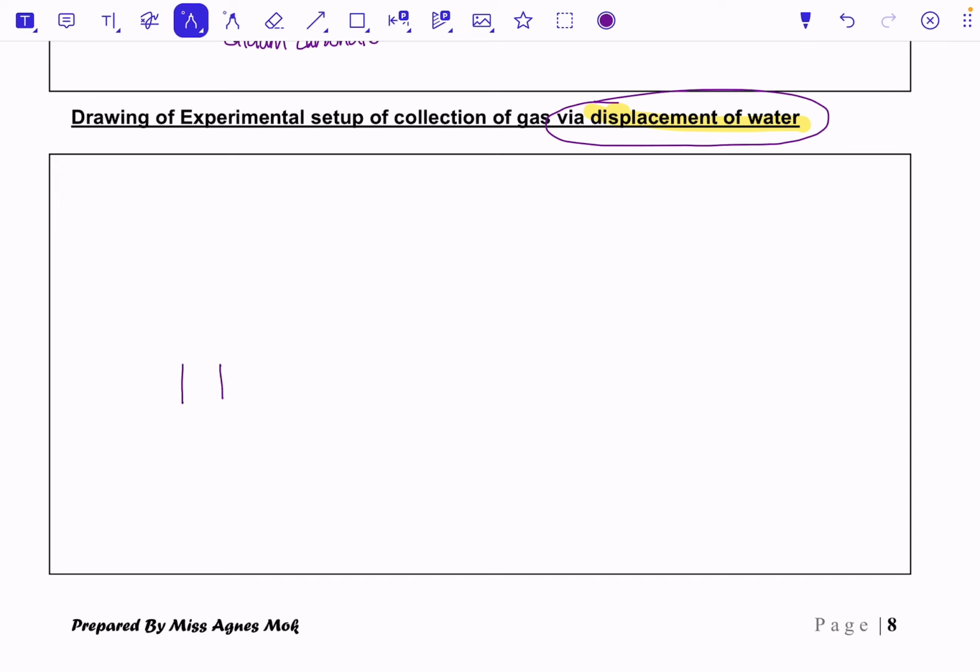So I'm going to draw my conical flask again. Let me just redraw this. The shape is quite awkward.